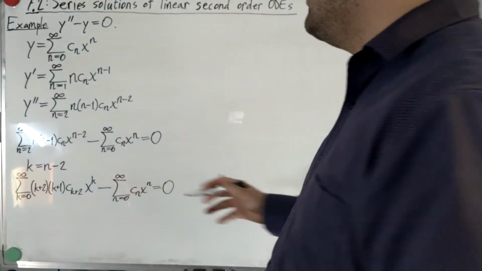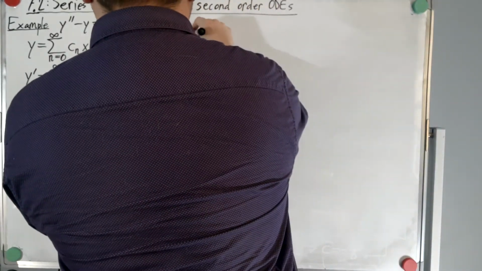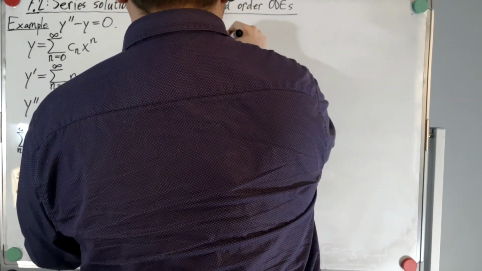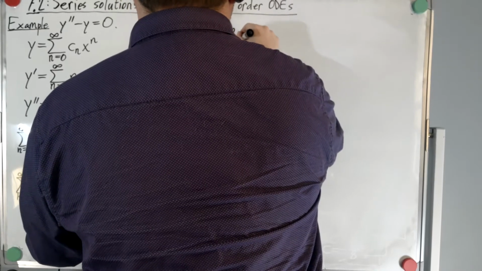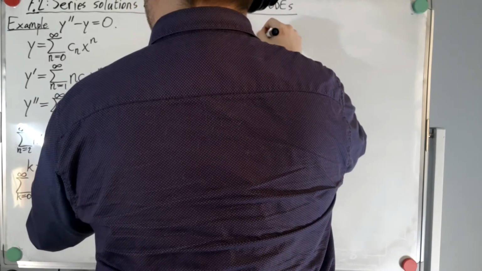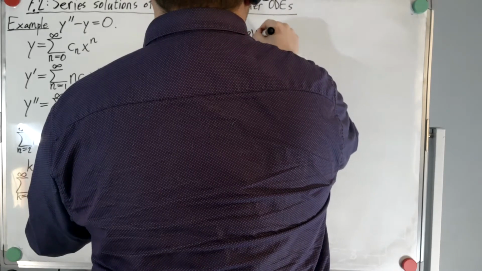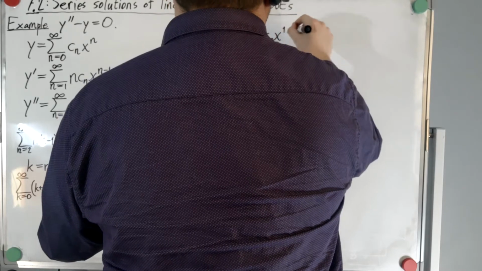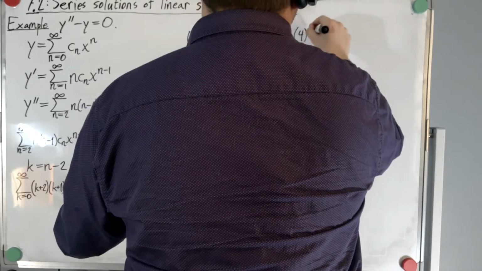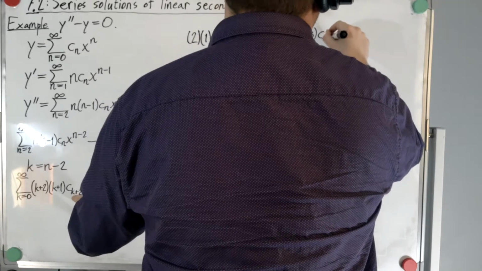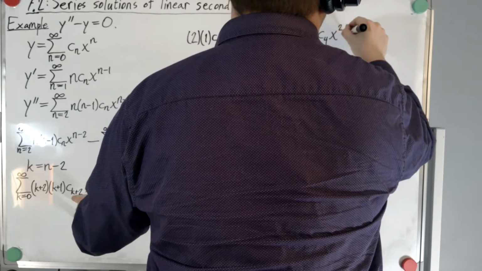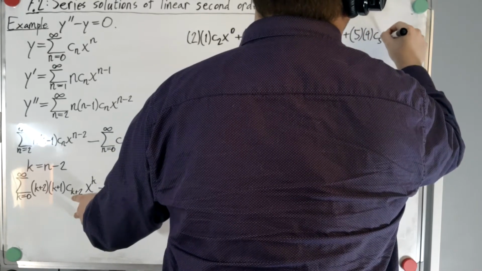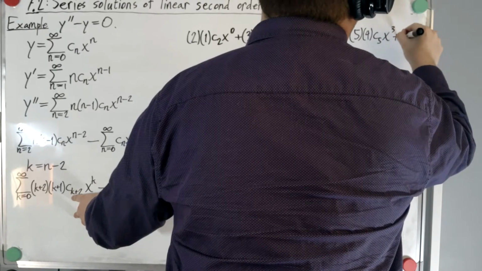So if you write out the terms, you get 2 times 1 times c2 x to the 0 plus 3 times 2 times c3 x to the 1 plus 4 times 3 times c4 x to the 2 plus 5 times 4 times c5 x to the third plus dot dot dot.